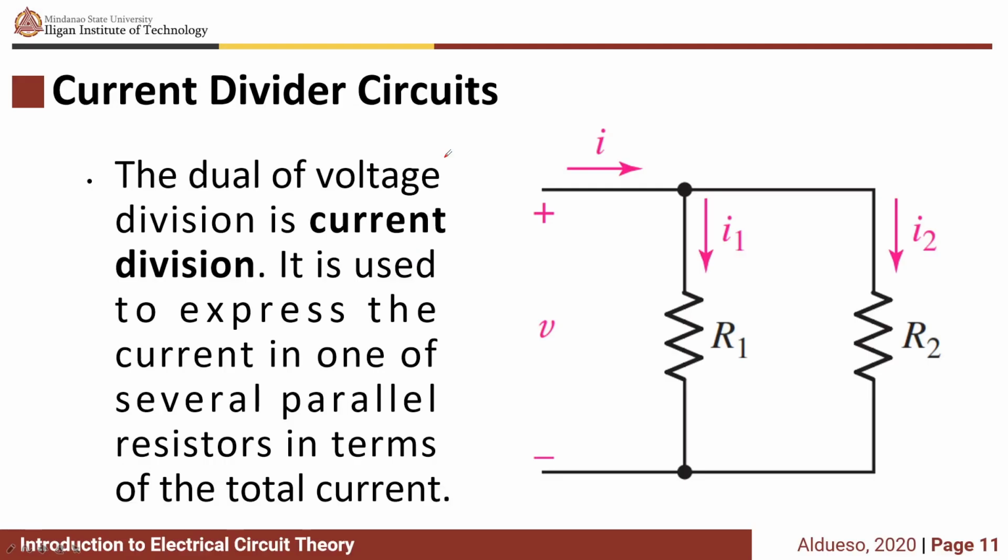For current divider circuits, this is the dual of voltage division. It is used to express the current in one of several parallel resistors in terms of the total current. We have total current here. So meaning the total current here is divided between the number of resistors in parallel.